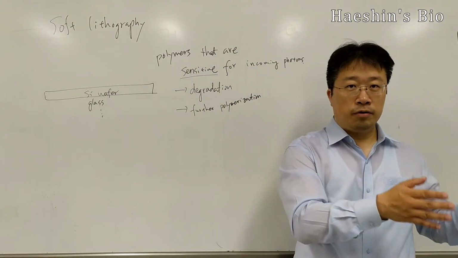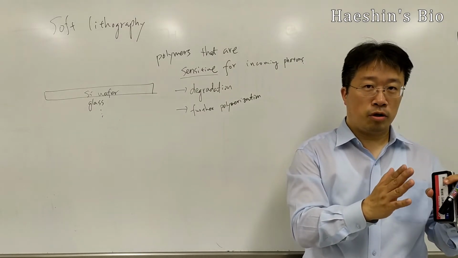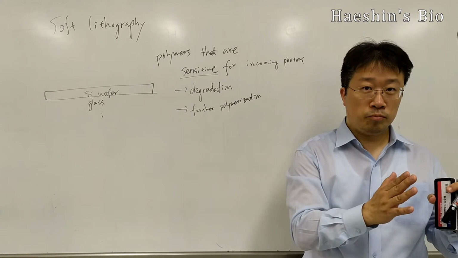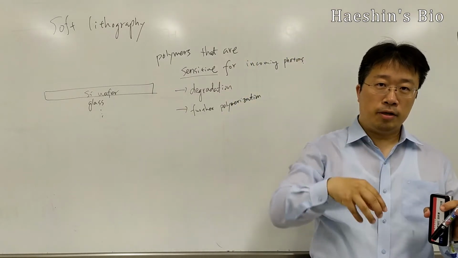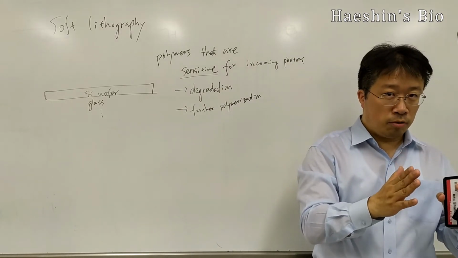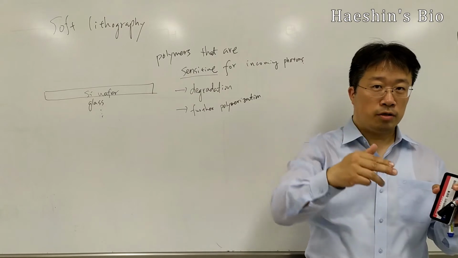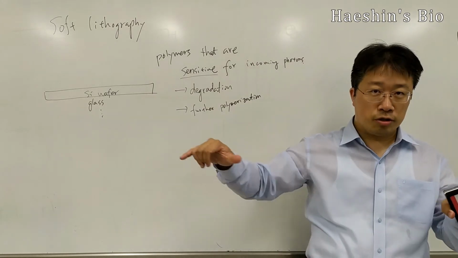Maybe if you have completely different polymers that are relatively short in molecular weight at the beginning, and then the light is coming, this relatively short polymer is polymerized because of the energy coming into the solution. And then they actually attach to each other.